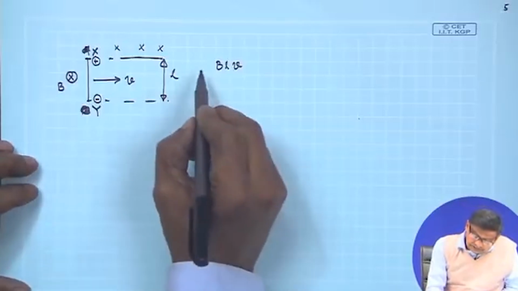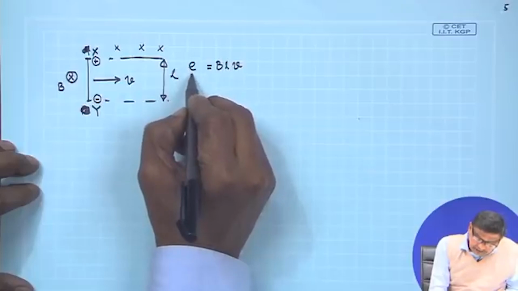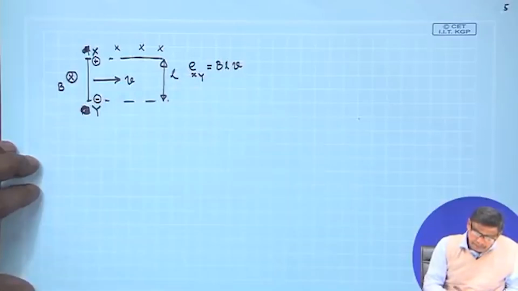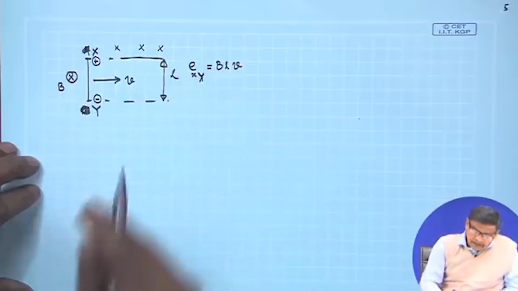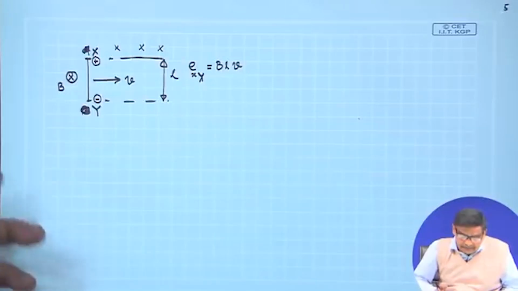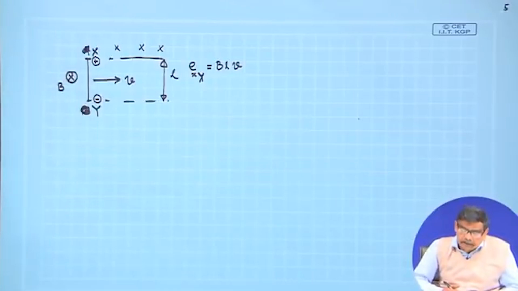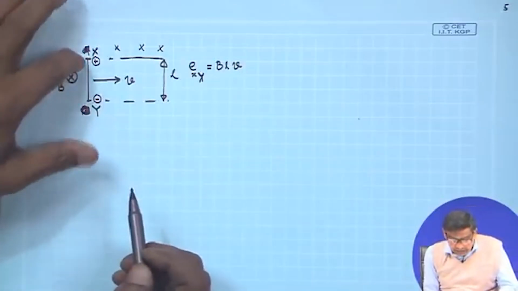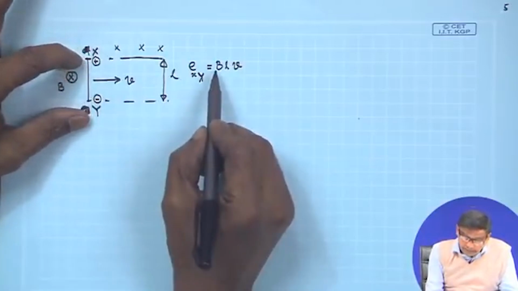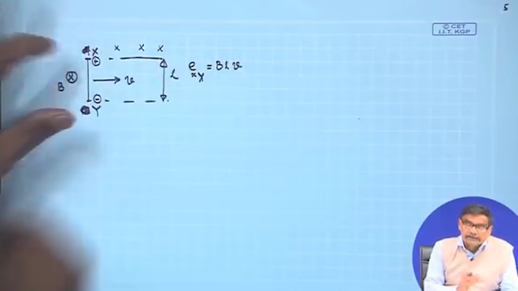So this voltage BLV is actually the potential of x with respect to y. See, it is always a good habit to write the potential difference between two points. No point in telling E x, voltage at x, with respect to what, that is very important. So, potential of x with respect to y, put the numerical values here, you will get some number, that will be the voltage existing.